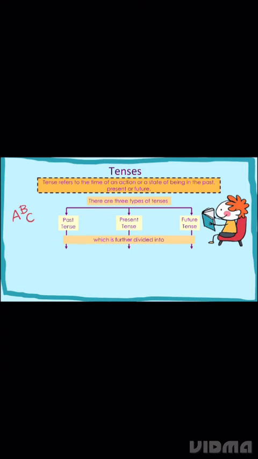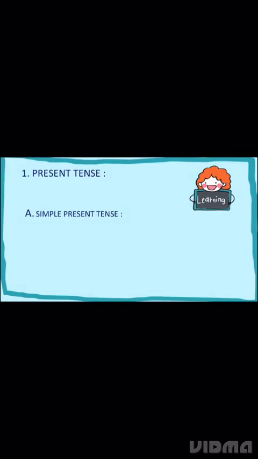First one, past tense, is subdivided into simple past tense and past continuous tense. Present tense is divided into simple present and present continuous. Lastly, future tense is subdivided into simple future tense and future continuous tenses. And in today's video, we are going to study about present tense.